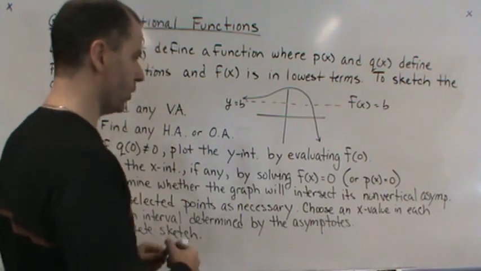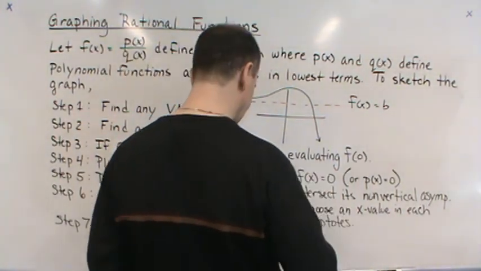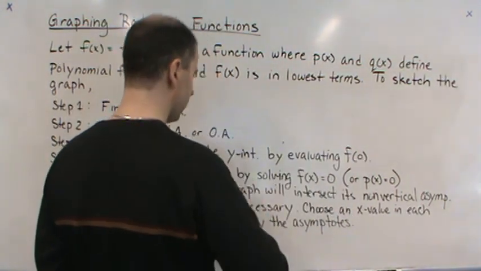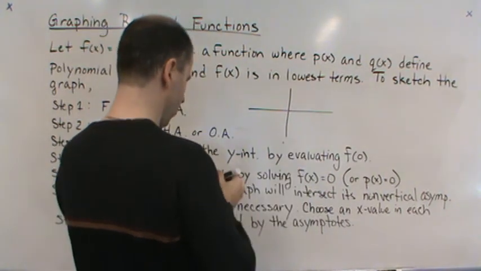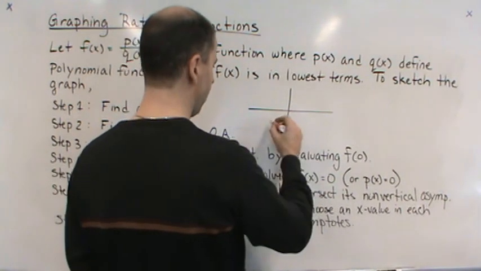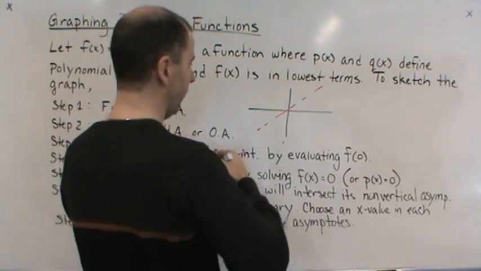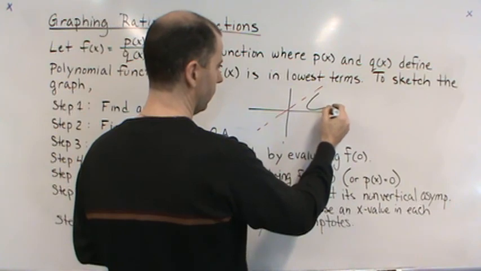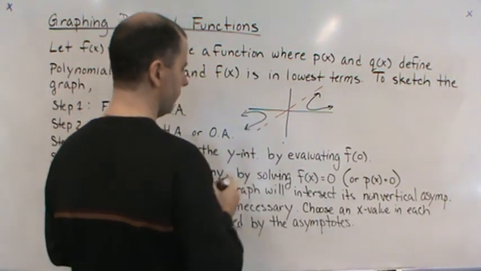Or what if it's an oblique asymptote? Then you're going to get something that might look something like this, where your oblique asymptote might look like that, and you might have something that looks like that.